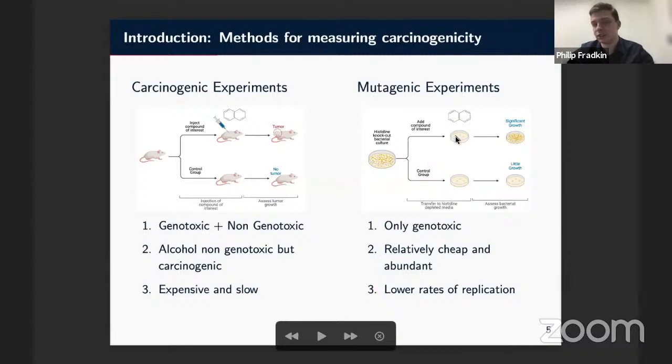Essentially the readout phenotype is whether there's bacterial growth, and if growth is observed, you can infer that there is a reversion of this knockout mutation, indicating genotoxic effects. The upside is that these experiments are relatively cheap and abundant, but they have lower rates of replication.